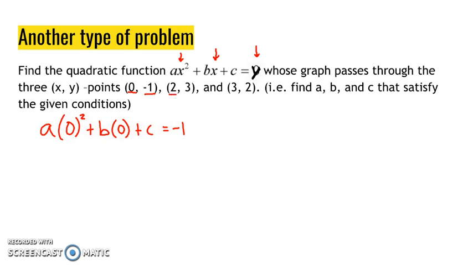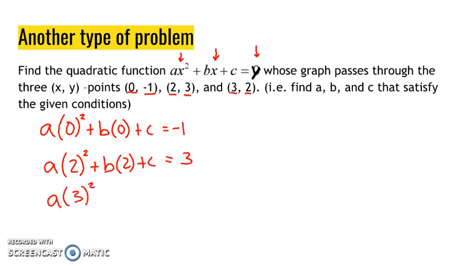I plug in a 2 for my x's and a 3 for my y, so a times 2 squared plus b times 2 plus c equals 3. And my last one, I've got 3 for my x's and 2 for my y's, so a times 3 squared plus b times 3 plus c equals 2.